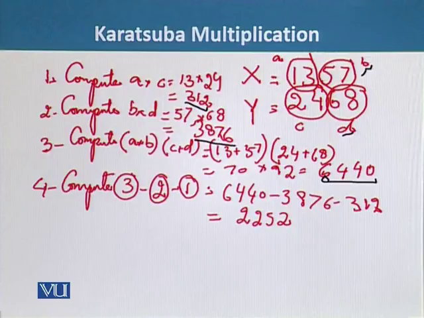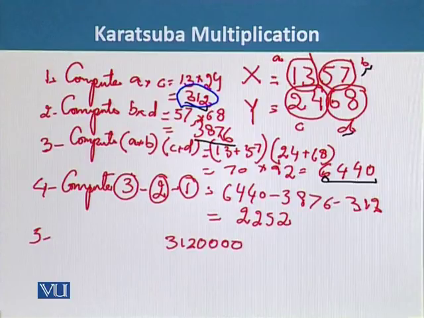The last step is a very interesting step. We will add number 1, that is 312, but we will add 4 zeros after it. That is number 1.